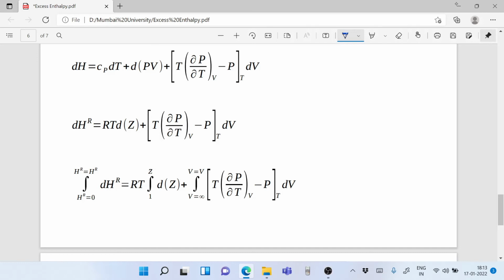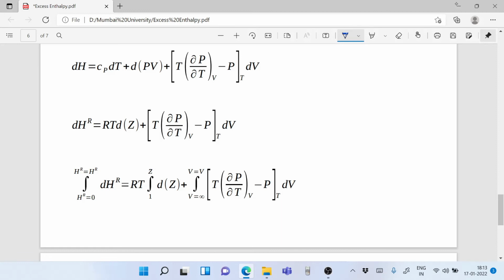But at that base temperature, we take the pressure as very low. So the volume tends to infinity at that point. So when the pressure is very low and the volume is tending to infinity, it's an ideal gas. For an ideal gas, HR is 0.